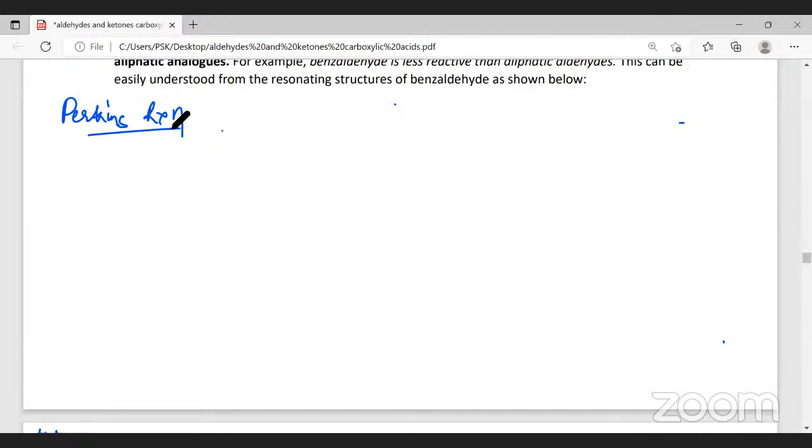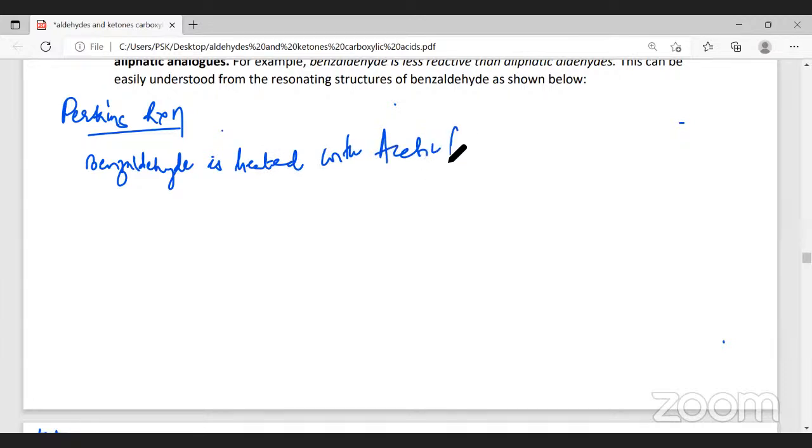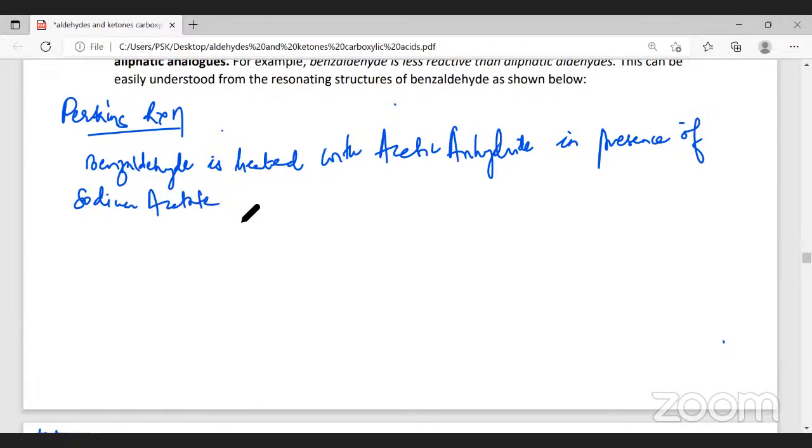So when benzaldehyde is heated with acetic anhydride in the presence of sodium acetate, cinnamic acid is formed.